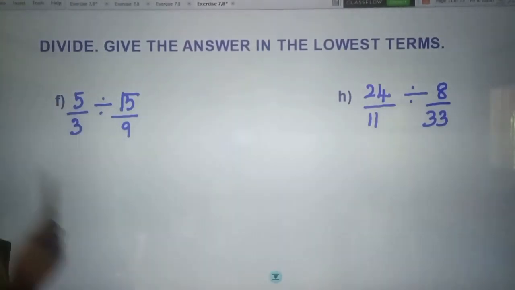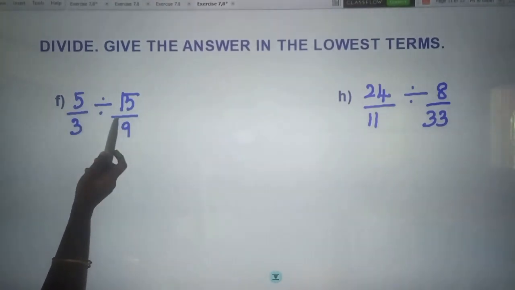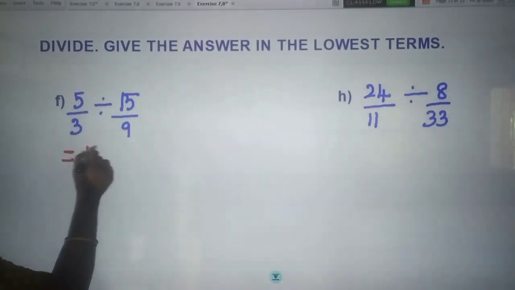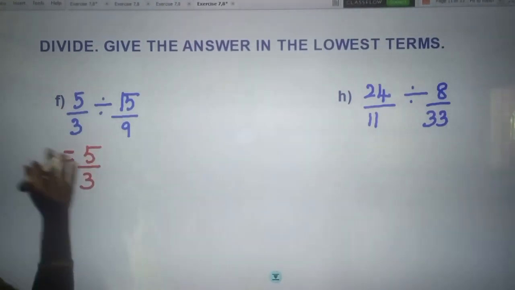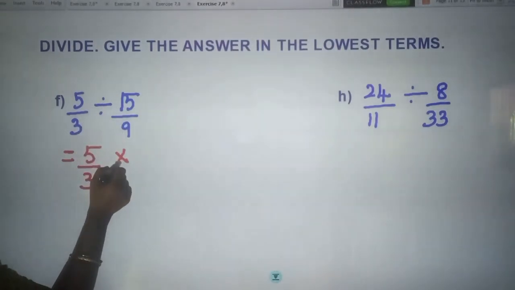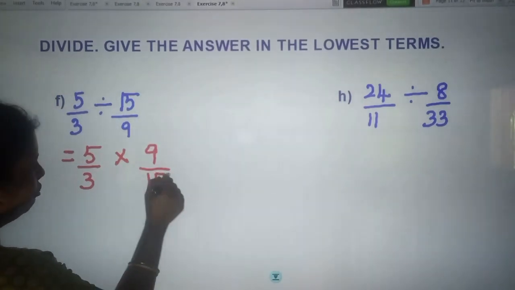Now we are going to divide a fraction by a fraction, ma. Before, we have seen fraction by a whole number division. Now we are going to see division of a fraction by a fraction. That is, this 5 by 3 does not change. The first fraction keeps as it is. The second fraction, this division becomes multiplication. This 15 by 9 becomes 9 by 15.